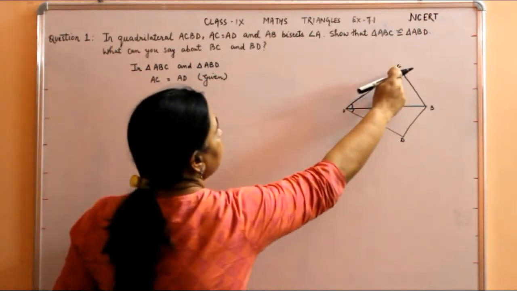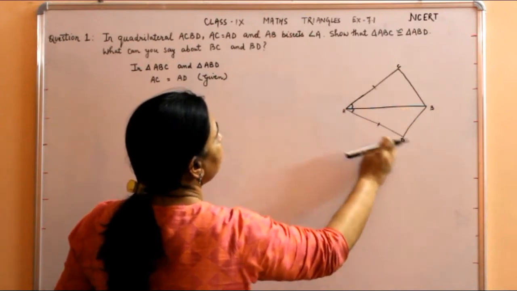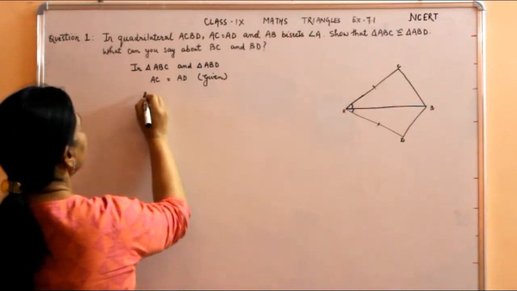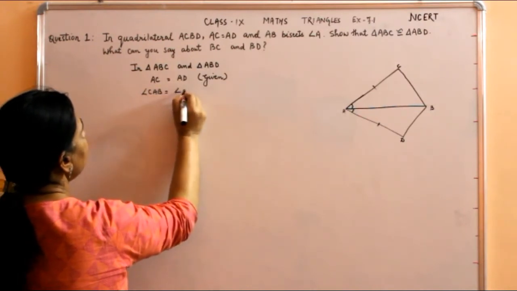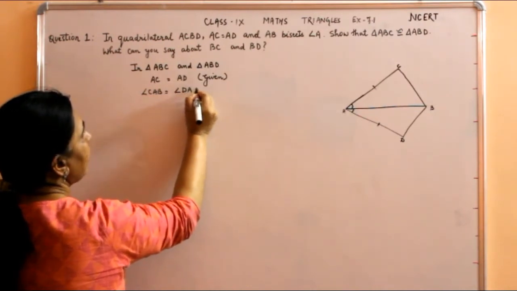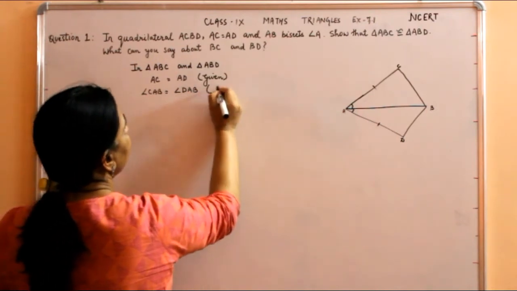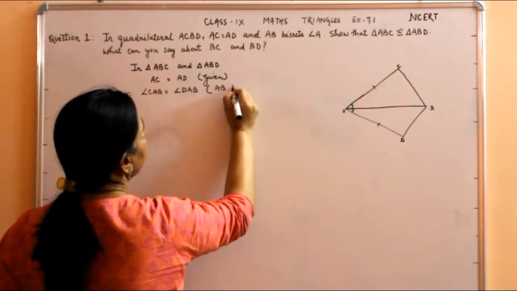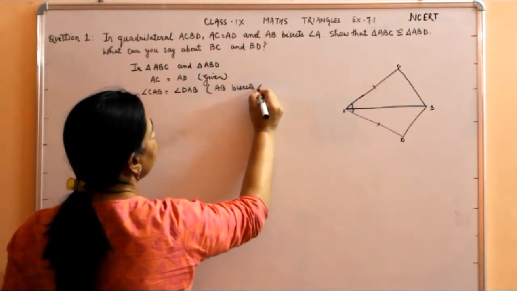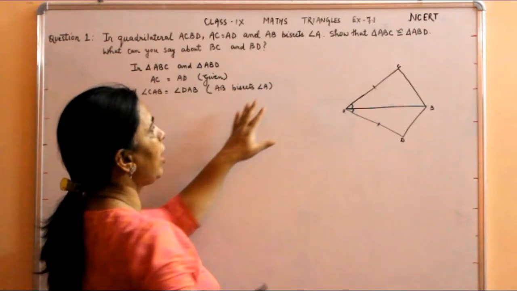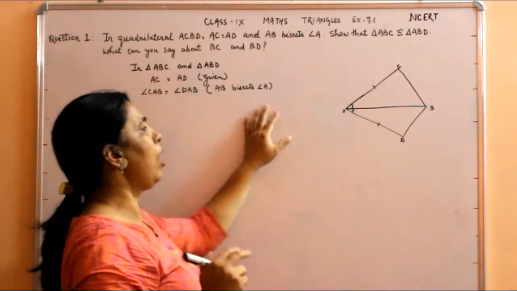Angle CAB is equal to angle DAB. Why? Because AB bisects angle A. Bisects angle A means this is dividing this angle A into two equal halves.